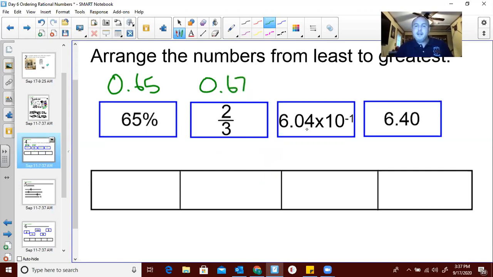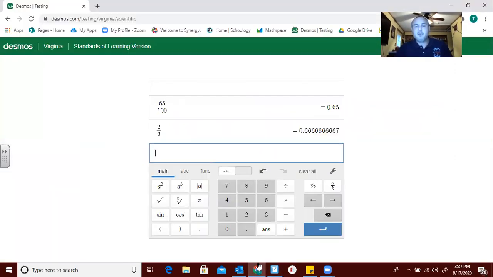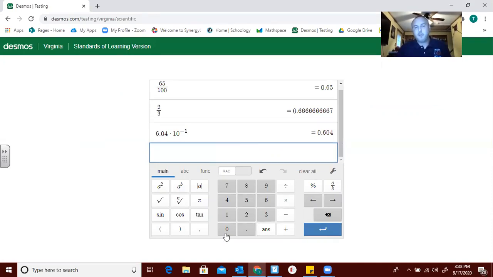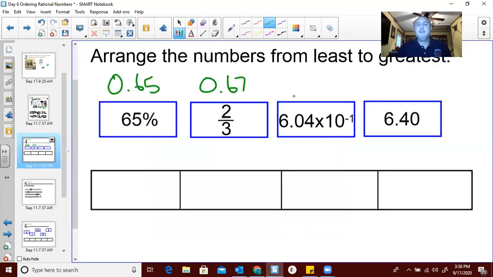All right, and last but not least, we have this scientific number, which is 6.04 times 10. Don't forget about your exponent button here, and please don't forget your negative if it is negative. If you put in a positive, you will get the wrong answer. So we have 0.604. So come back over here, 0.604.